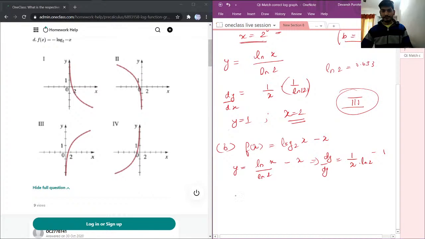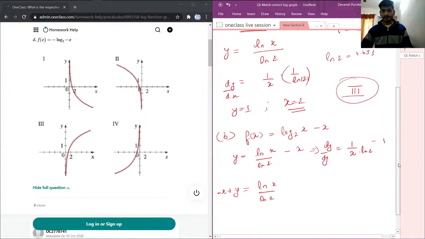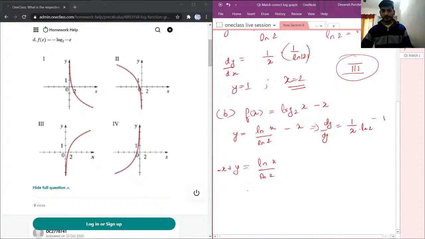But I'll just do one thing, that I'll just put the value of y as 1. For this we need to take anti-log. Instead of going this way, I just use this equation, so I will not use the converted form.